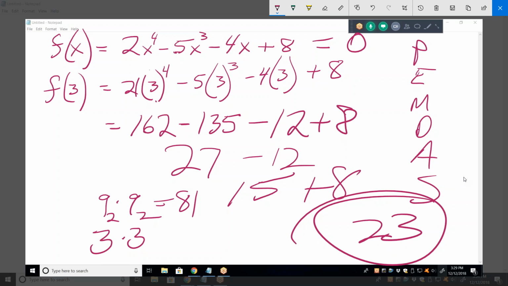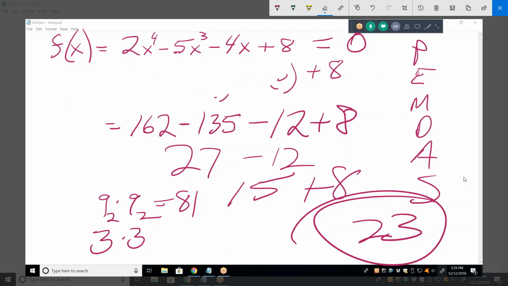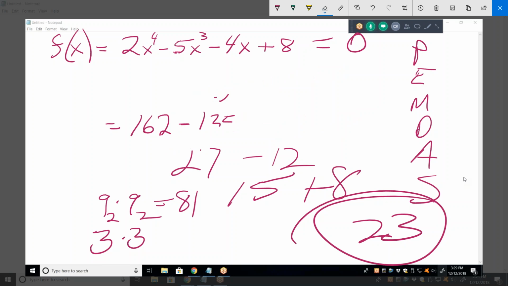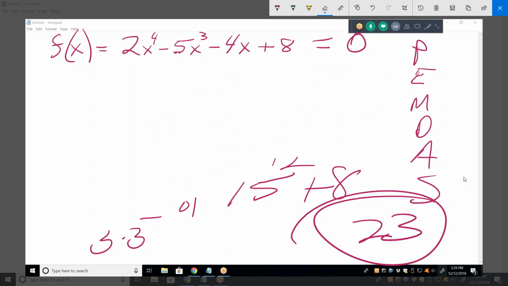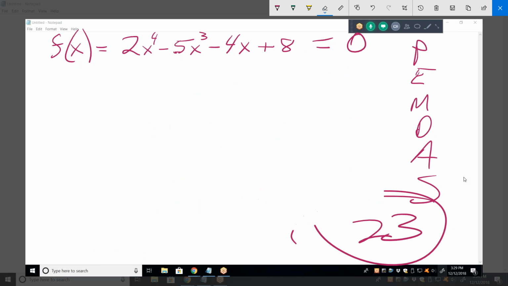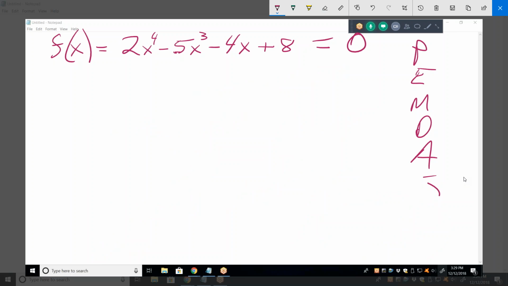Now, synthetic division isn't a lot different than what I did. Here, I'll show you what you have on your page, and let's make sure we're in agreement. What you're going to do is divide by the zero, which would be 3.